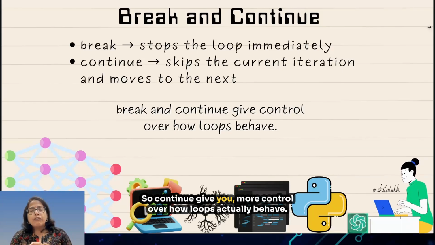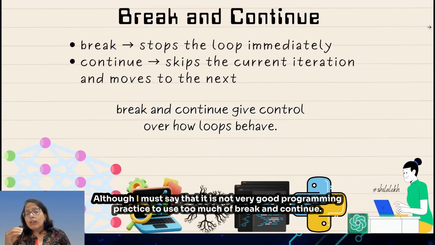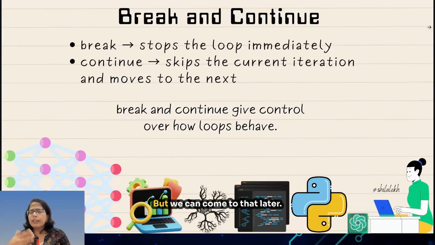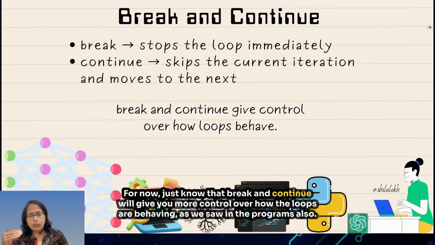So it gives you more control over how loops actually behave. Although I must say that it is not very good programming practice to use too much break and continue. If you are having to use break and continue in your loops, then maybe you need to think about which loop to use and what logic to apply. But we can come to that later. For now, just know that break and continue will give you more control over how the loops are behaving, as we saw in the programs.